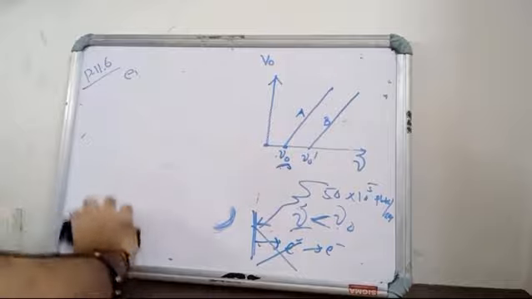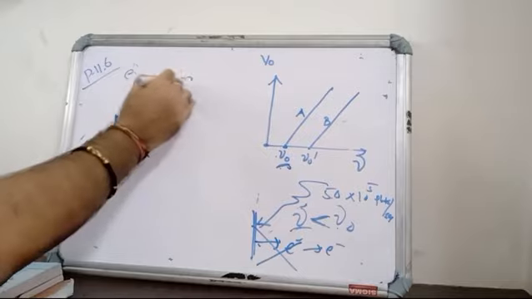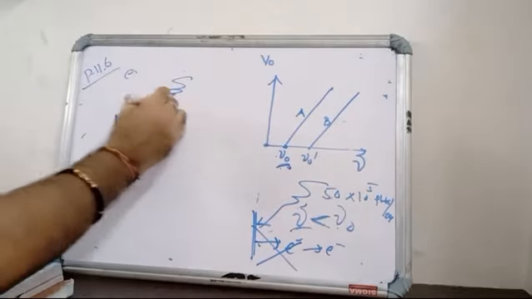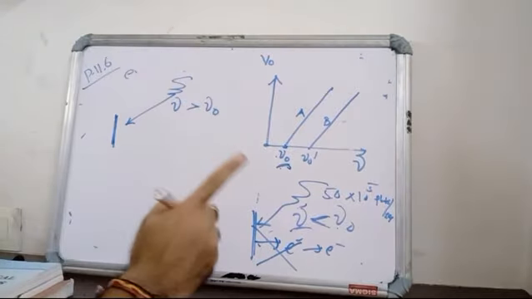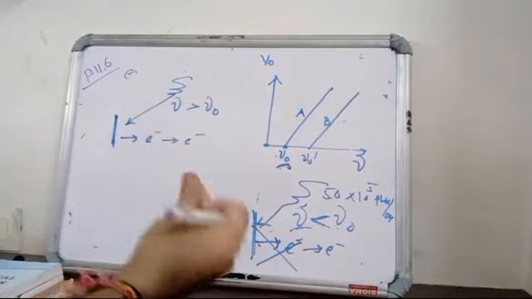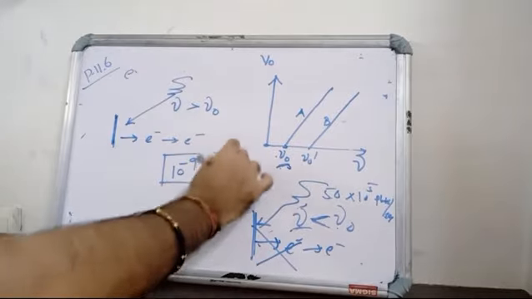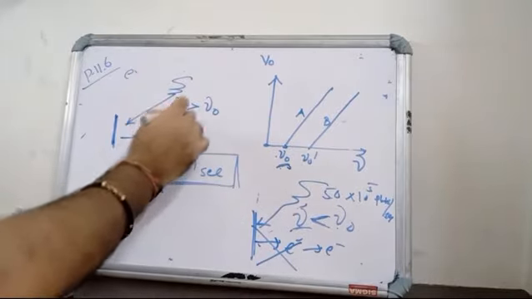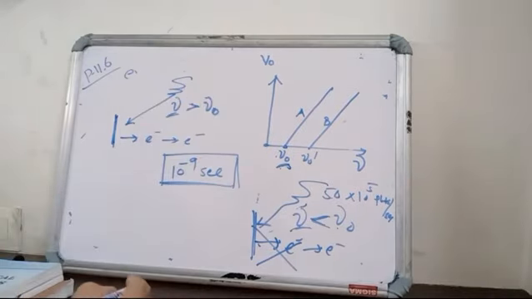If my minimum requirement is fulfilled, say this is a photosensitive surface, and if we incident light of sufficiently high frequency, that is nu greater than nu zero, then photoelectrons are emitted instantly, spontaneously, within 10⁻⁹ second. Mind well, if the frequency of your incident light is higher than your minimum requirement, the photoelectron emission will take place just within 10⁻⁹ second, right?